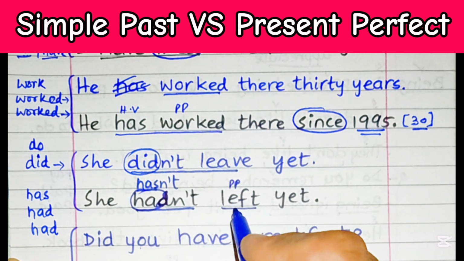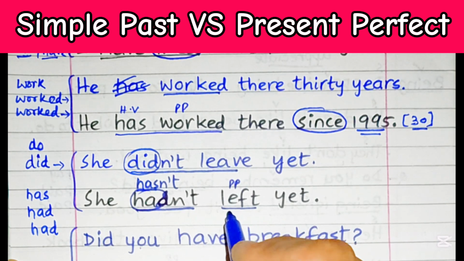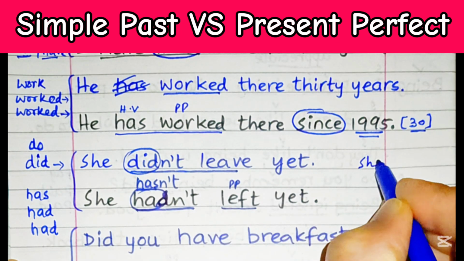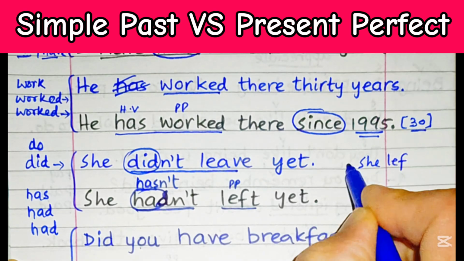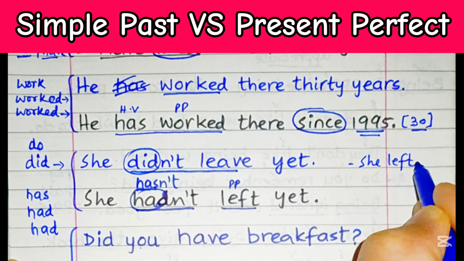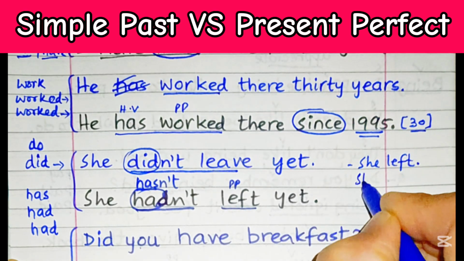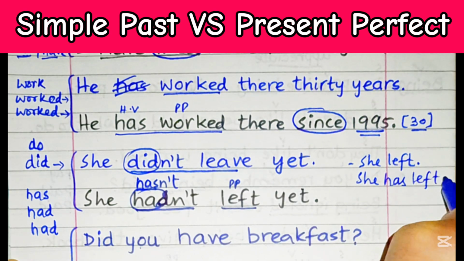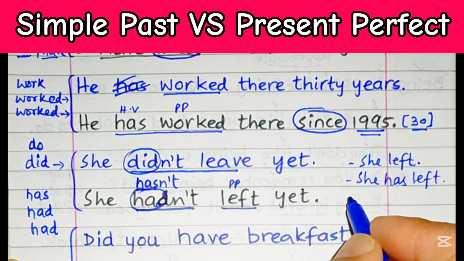This is the past participle form of the simple form leave. So the main verb is in the past participle. If I say she left, and if I say she has left, these are the affirmative statements.